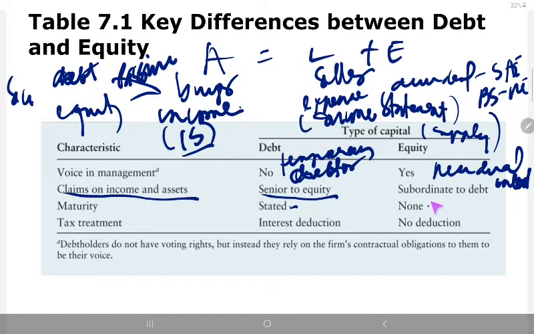Pag ayaw mo ng karelasyon, benta mo. And you see, sabi dito, deductible, hindi. Bakit nga? It affects the income statement. This one, it affects the balance sheet. Interest affects income statement. Dividend affects the balance sheet because it is in the retained earnings section. Okay.